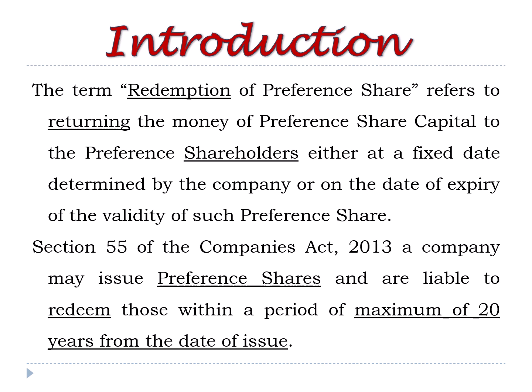As per the Companies Act 2013 section 55, all companies should issue redeemable preference share only. That means no company may issue irredeemable preference share. That cannot be done. And the redemption must be carried out within a maximum of 20 years from the date of issue.